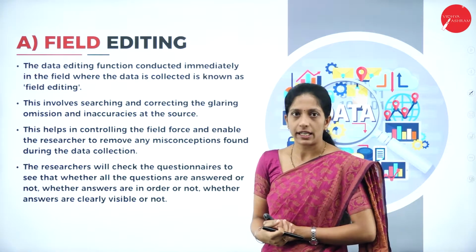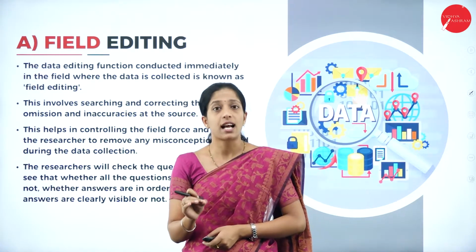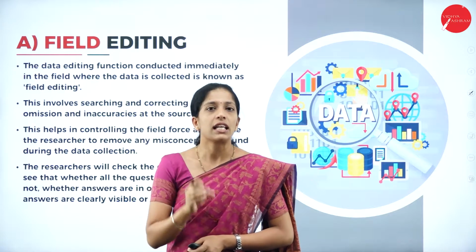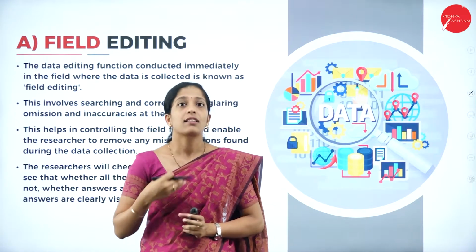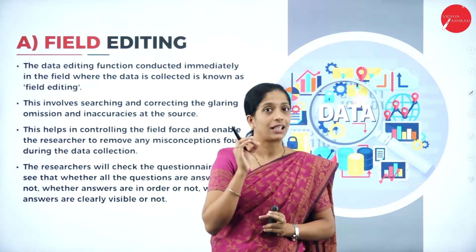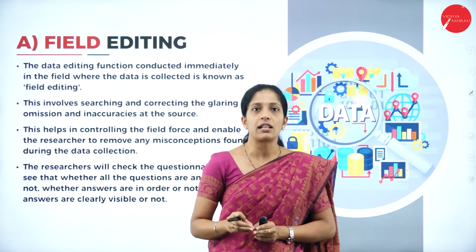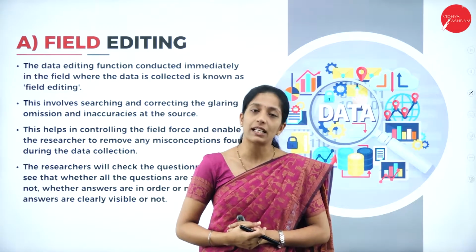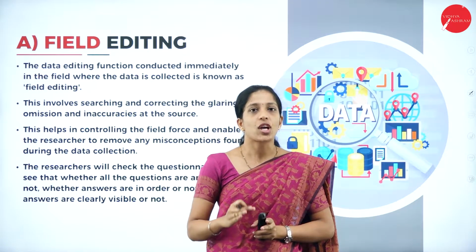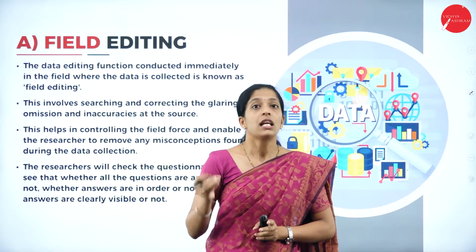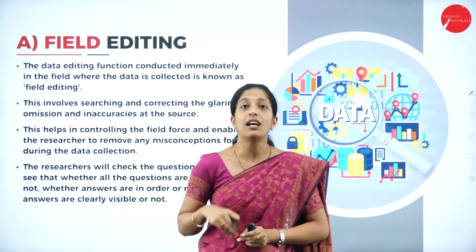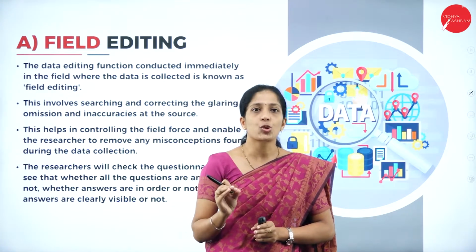Now coming to field editing, as the word itself tells, what does field editing mean? Here the editing, that is the corrections or the identification of omissions, will be done immediately where the information is collected. Suppose the researcher has gone to a market to collect information from respondents.